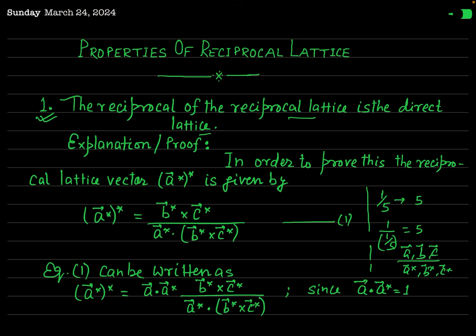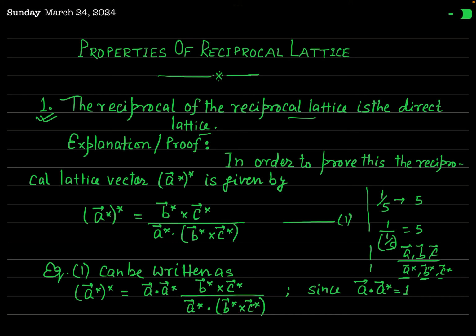Now we will see what we get when we take the reciprocal of A star, B star and C star. You will see that A star star will be equal to A. Similarly, B star star will be equal to B and C star star will be equal to C. But how? We can see it very easily.